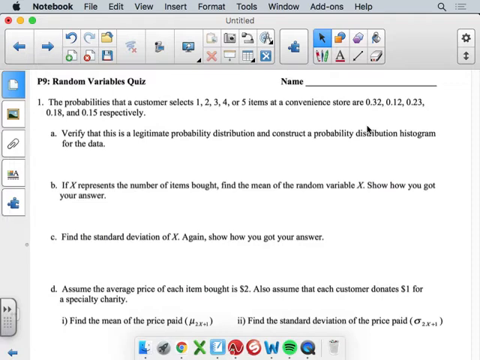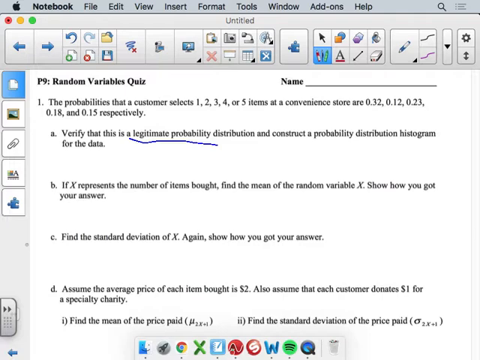And here are the probabilities: 32% one item, 12%, 23%, 18%, 15% for 5 items. So we went through graphing them. We talked about the mean, the expected average, the standard deviation, and we did some different things. So let's talk about the first one.